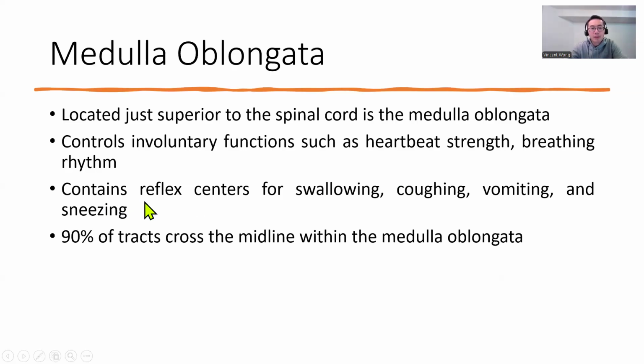And there are also various reflex centers, okay, for swallowing, coughing, vomiting, and sneezing. All these reflexes are carried out at the medulla oblongata. 90% of the tracts that are coming up or going down in the spinal cord will cross the midline within the medulla oblongata. The remaining 10% will cross elsewhere in the body, or sometimes they don't cross at all.